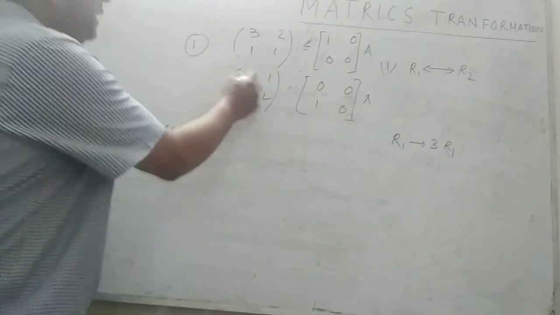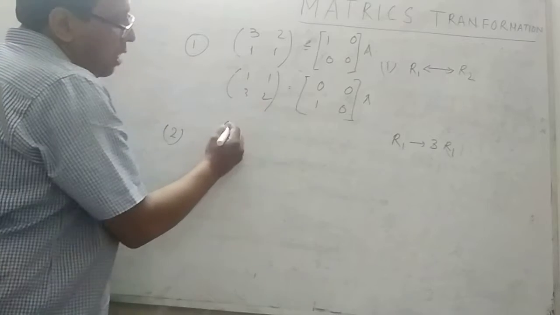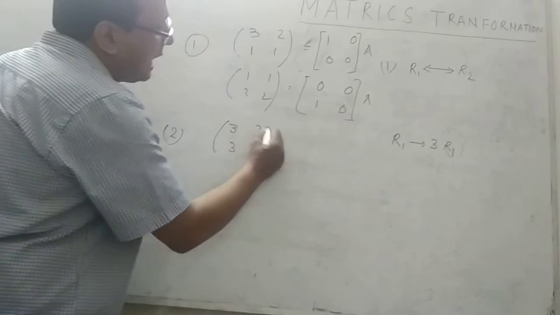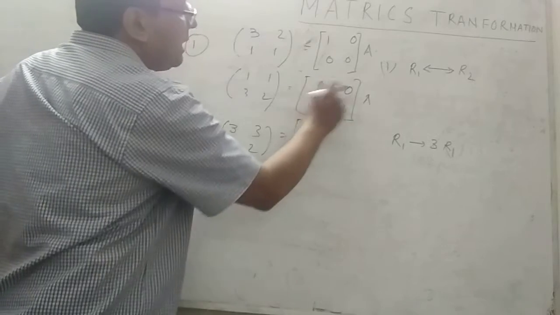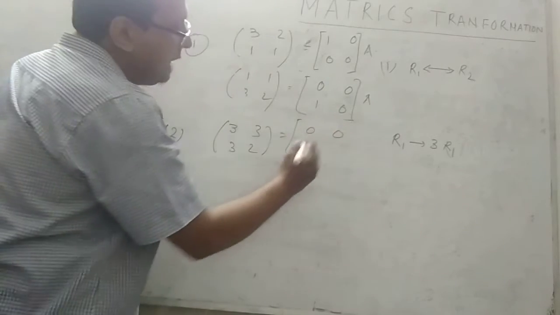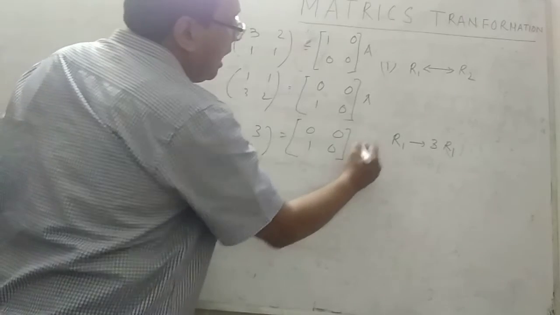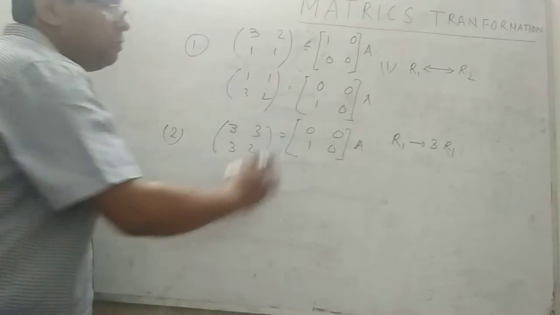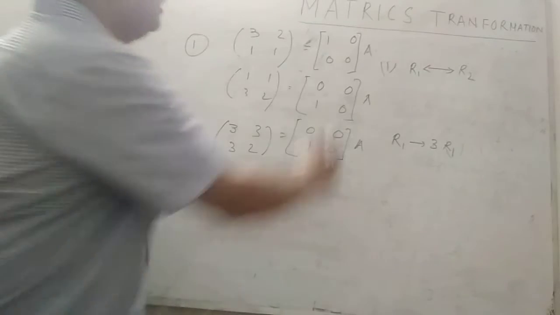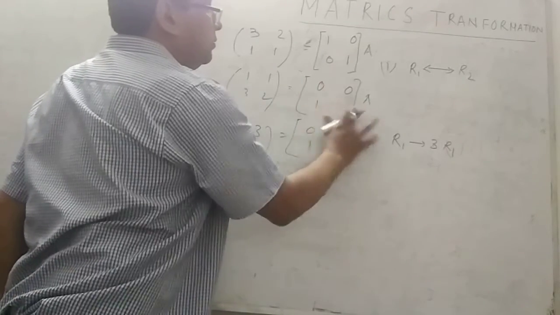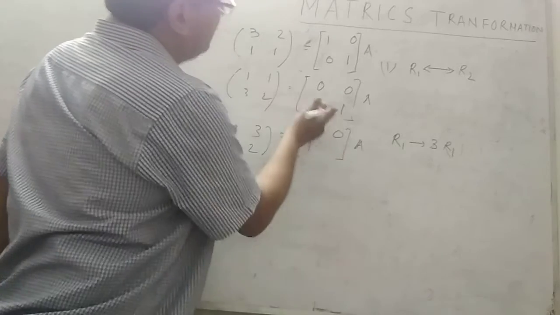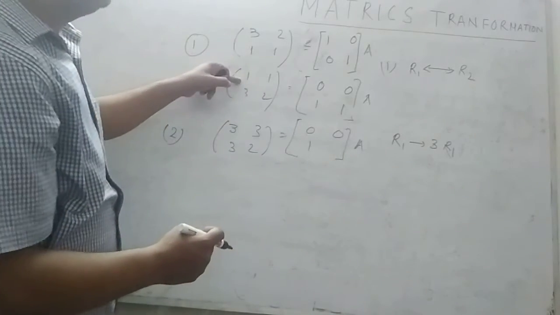That is, I can write this now as 3, 3. 3, 2 as it is, and here if I multiply this by 3, it will be 0, and here it is 1, 0. There is no change over here because both are 0, 0. Sorry, this is 1. So this is 3, 2, 1, 1.